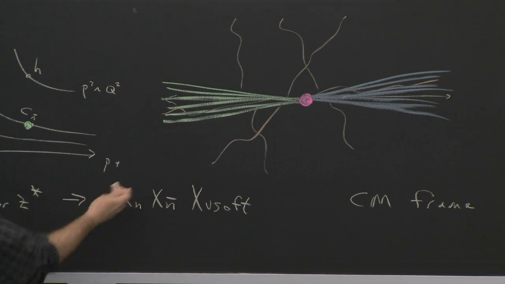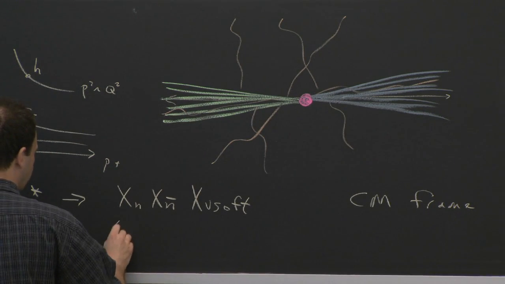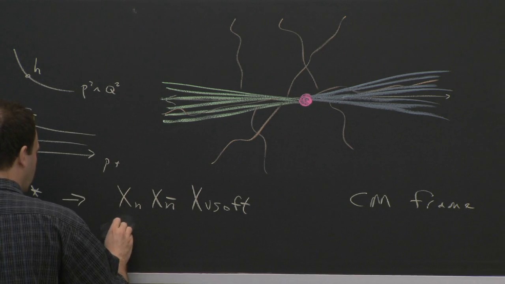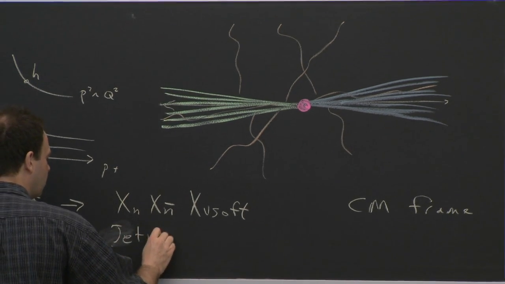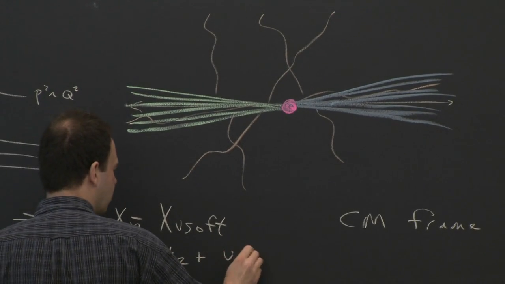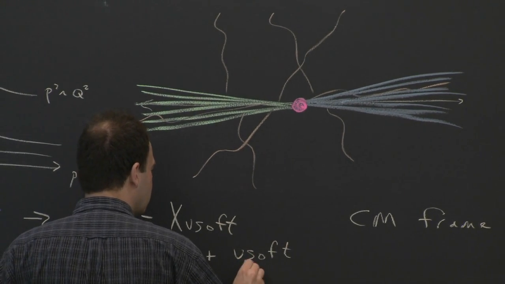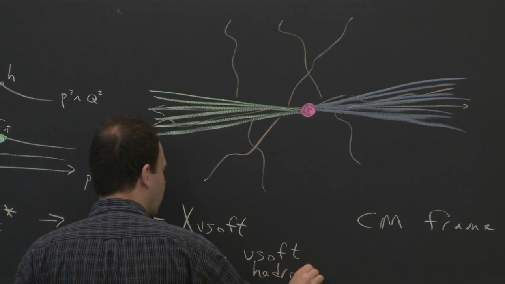Or that's kind of how you could think about it in SCET. Or physically, what you're producing is jet 1 plus jet 2 plus soft radiation, or ultrasoft hadrons. Soft hadrons.